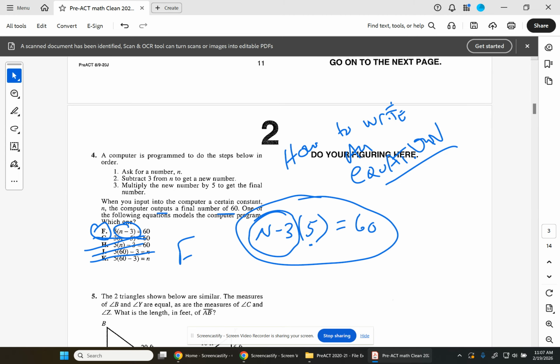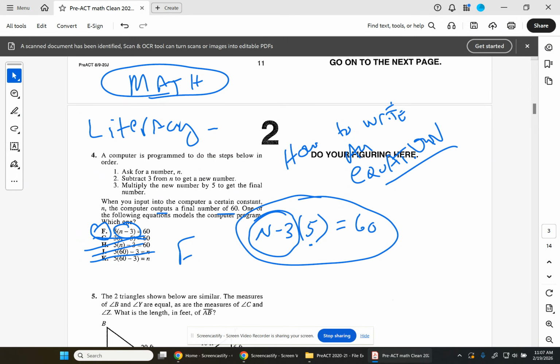That's what this is. And by the way, let's just talk about that for a second. That's exactly what ACT math is. It's testing your literacy. They did that on the English test. They're going to do it on the reading test. Here, they're asking, how good is your literacy in math? That's what the whole test is.